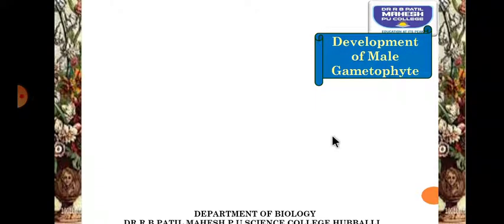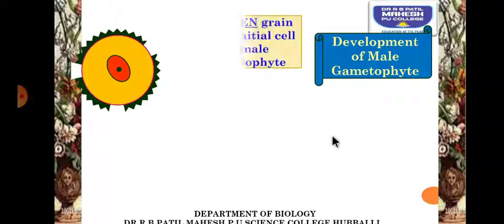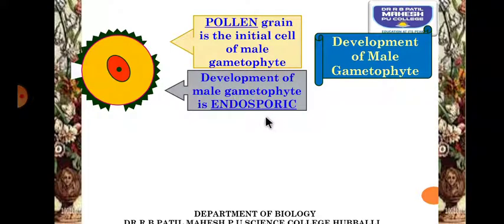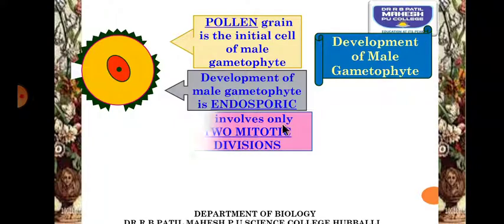Now let us try to understand the development of male gametophyte in the slide. Pollen grain is the initial cell of the male gametophyte. The development of male gametophyte takes place inside the pollen grain, that is, development of male gamete takes place inside the pollen grain, so it is called endosporic.